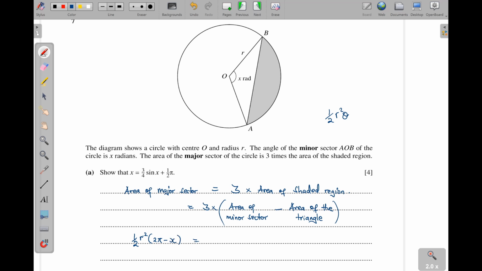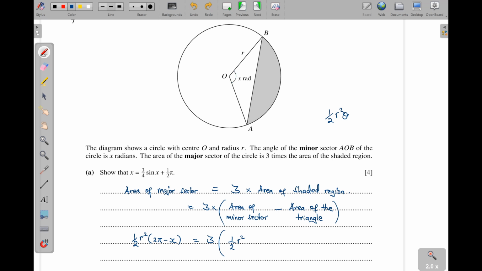Then we come to this side. This is 3 into area of the minor sector. It is going to be a half, then r squared, the angle subtended is this x here. Remember, the angle has to look like the arc. Look at this and look at this. But then for the major sector, do you see the angle has to also look like it? Keep note of that.